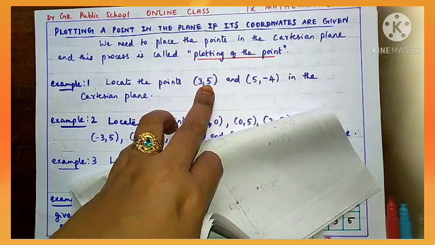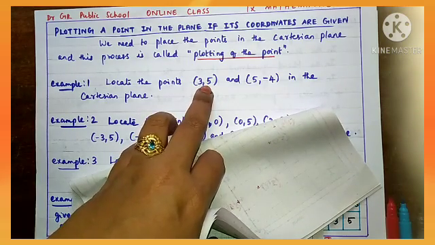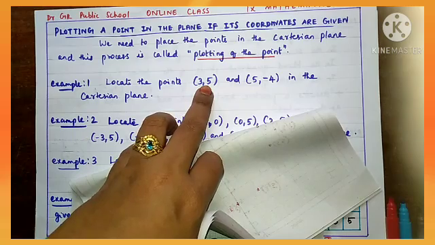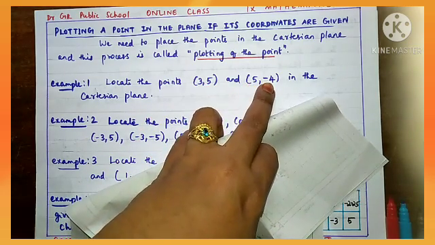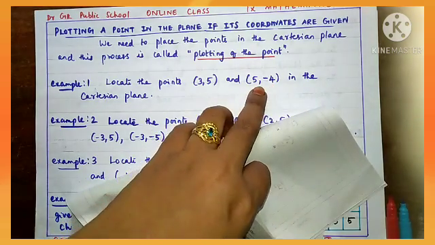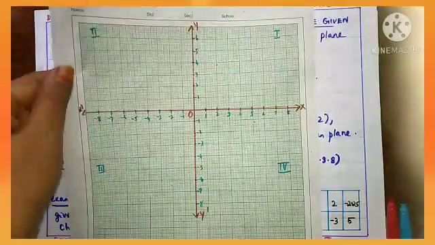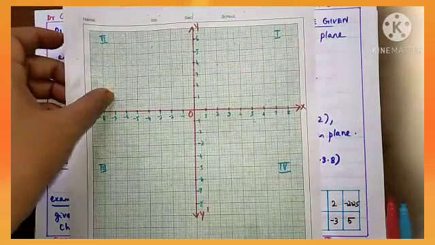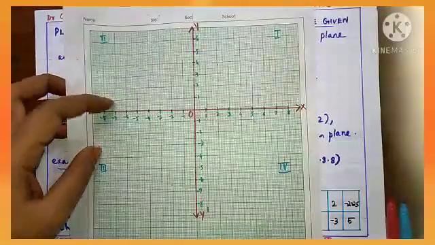So you see (3, 5), both are positive, so this coordinate will come in the first quadrant. And x positive, y negative will come in which quadrant, children? Yes, it will come in the fourth quadrant. Now let us see on the graph where these points are located. First we can see (3, 5).